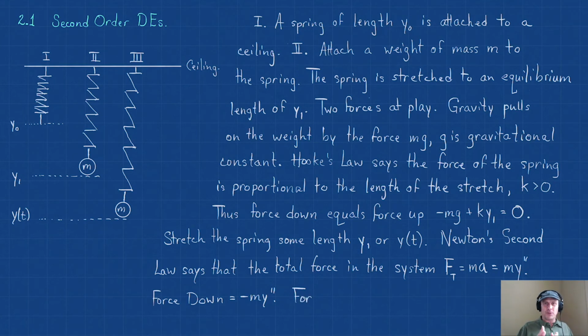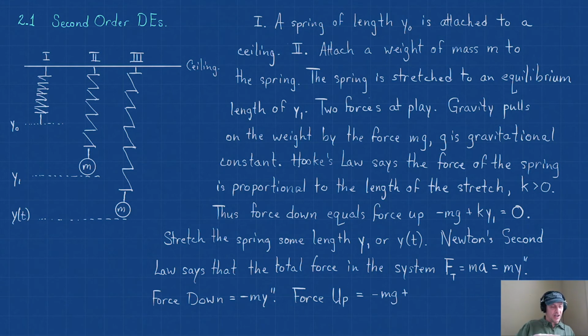And now think about the force up, the opposite, the force pulling back against you. As you pull on the spring, there's another force pulling this way. So the net force pulling up is two parts. One, as we said, there's gravity that's already pulling the spring down to its equilibrium. So that's a minus mg.